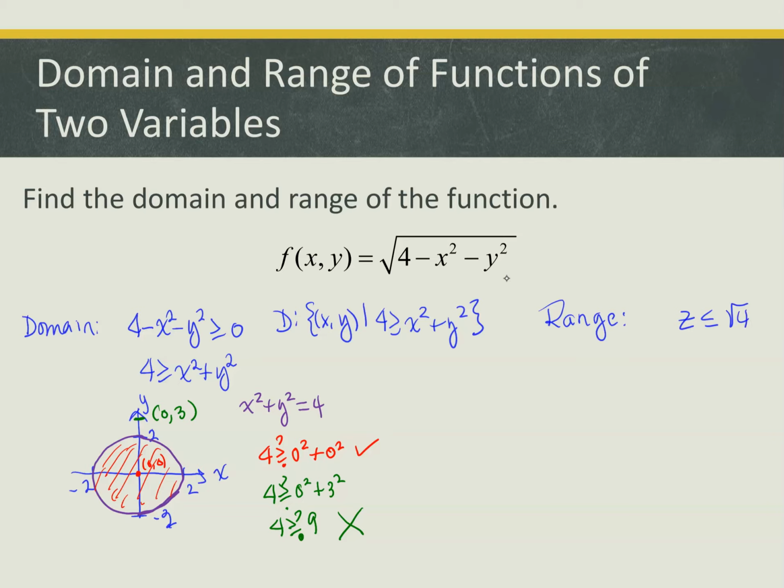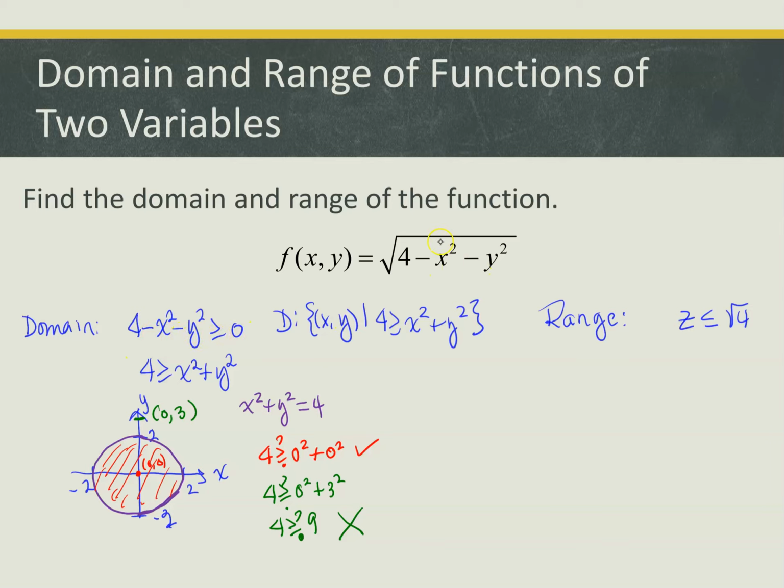Now, we're taking the square root of an expression, and so when we evaluate this expression, we know that the smallest this expression can be is 0. Because if it's any smaller than 0, we're dealing with complex numbers, and those values of x and y are not part of our domain.